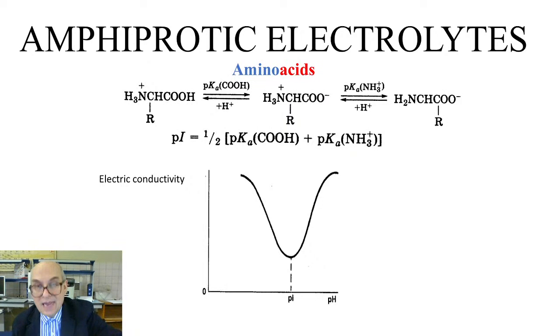But the pH of our organism, for example, the pH of blood, is about 7.4. The pH of the blood is larger than the isoelectric point of ordinary proteins. It means that the proteins of the blood, the proteins of the muscle tissue, have a negative charge. They are negatively charged in the state of our living organism.